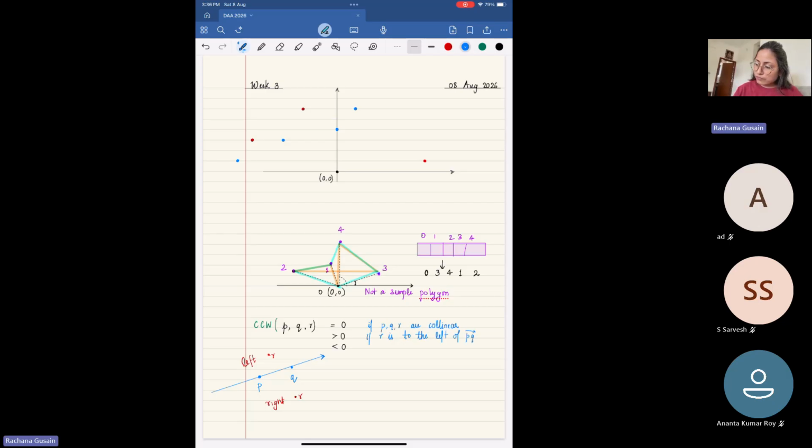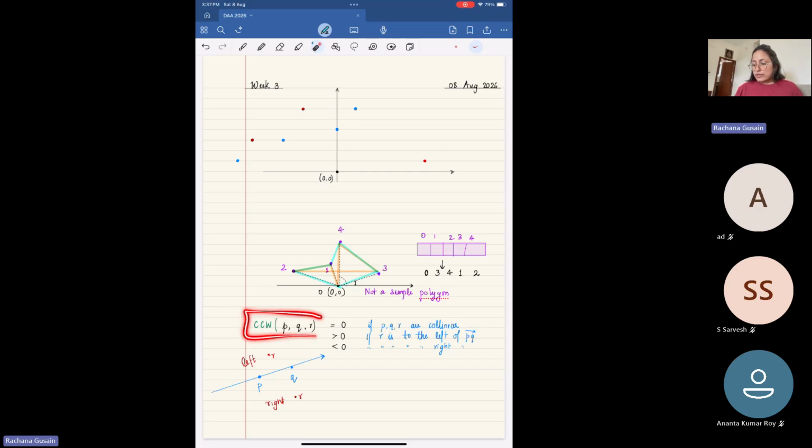We will use this convention. You can define it so that greater than 0 means right or whatever. And the third case is if it is to the right of PQ. Those are the only 3 possibilities. Given 3 points in the plane, their orientation can either be collinear, all 3 points lying along the same line, or R is in the left region, so you were going in this direction and then you have to take a left turn, or R lies in the right half and you have to take a right turn.